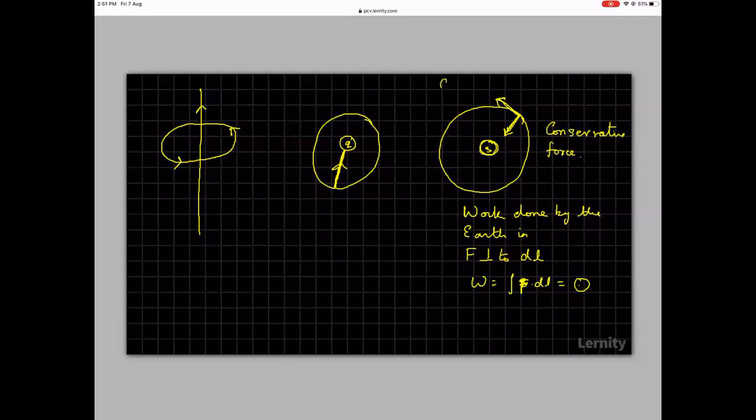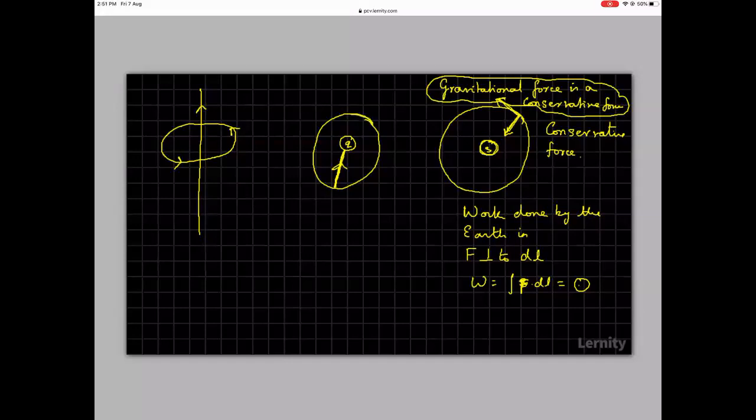So what we can understand is gravitational force is a conservative force. I hope we are able to understand that. Now let's look at electrostatic force.